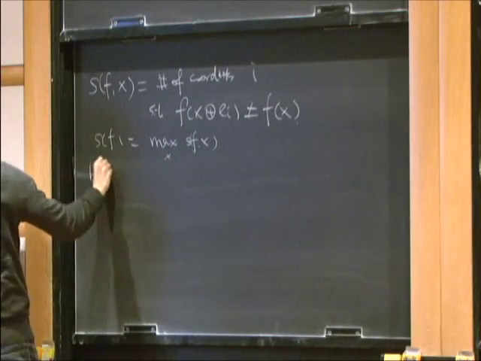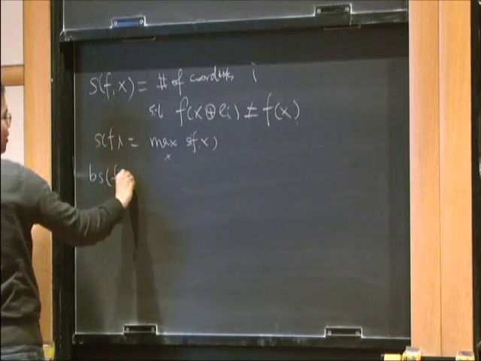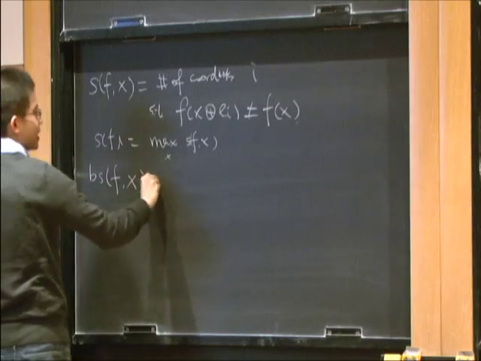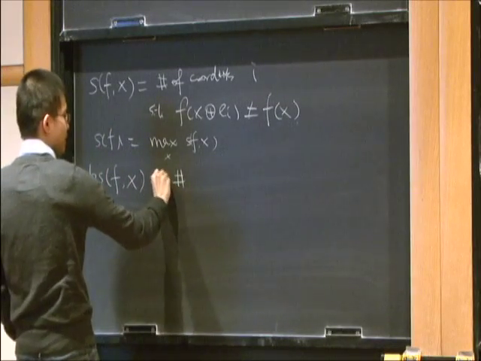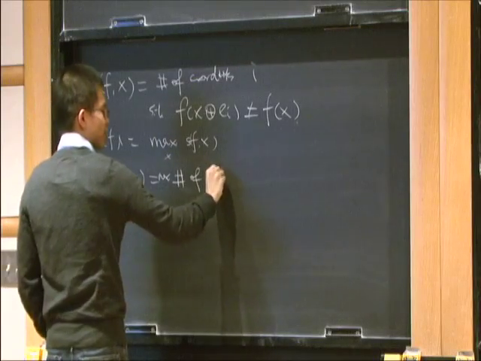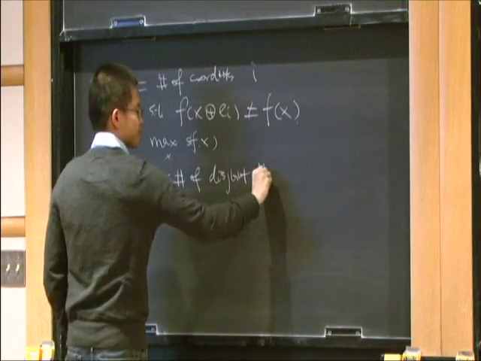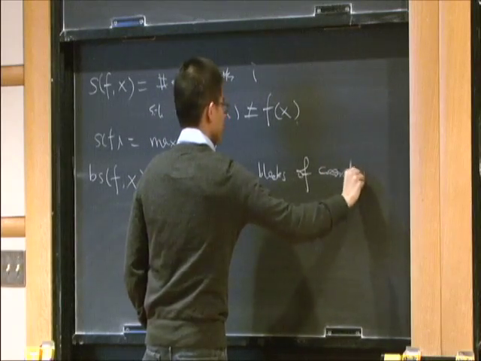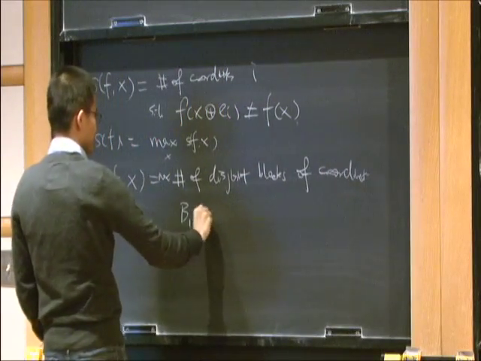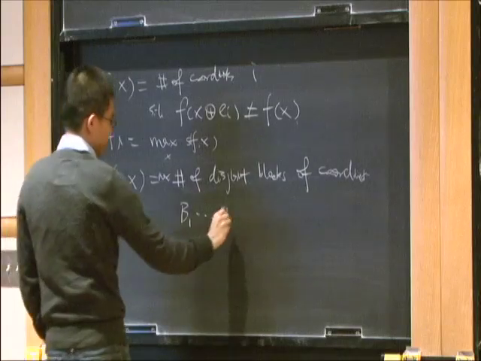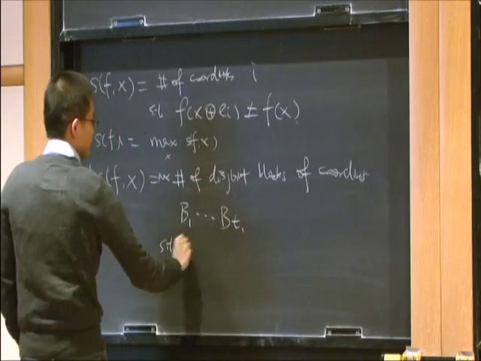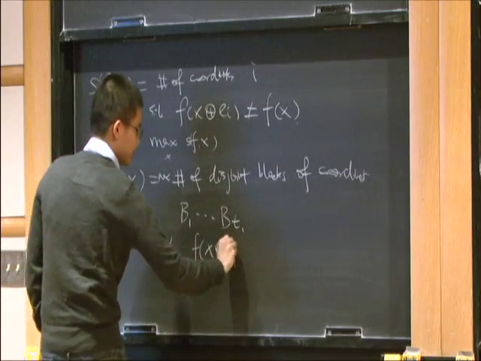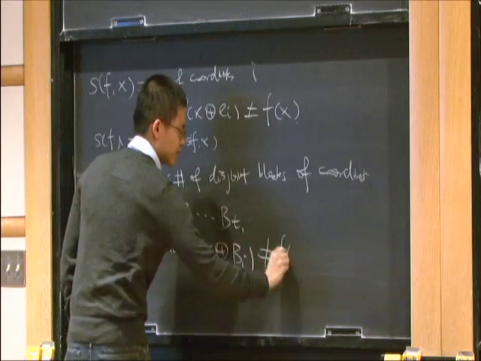And similarly, we define the local block sensitivity as the maximum number of disjoint blocks of coordinates B1 to Bt, for example, such that f(s + b_i) is not equal to f(s).